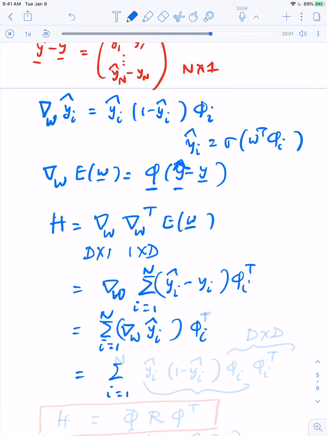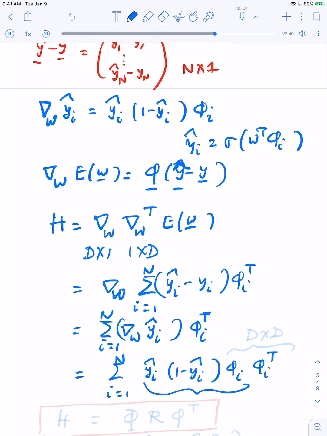It's yi hat times 1 minus yi hat times phi. I apologize, I put a hat here by mistake. It was just phi, of course. Oh, sorry, I meant transpose there. So I was putting hat instead of transpose.